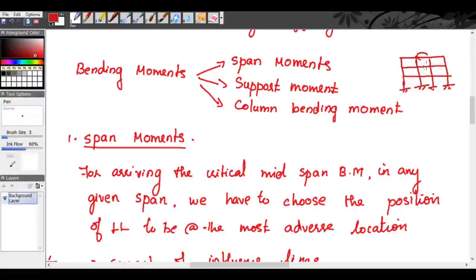See, this is a span. This is another span. This is another span. So on every span, we have to see what the moments are. Then we have supports. This is one support, supports everywhere. So at each support, what is the moment? Similarly, we have columns. So in the columns, what is the bending moment?